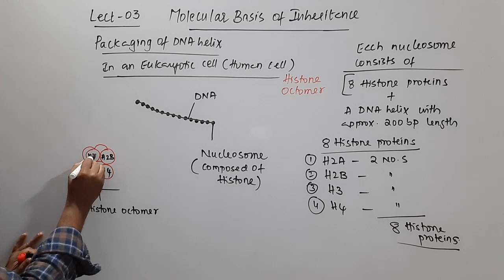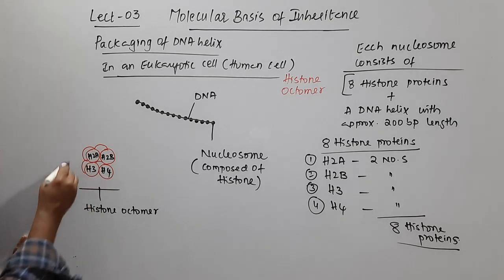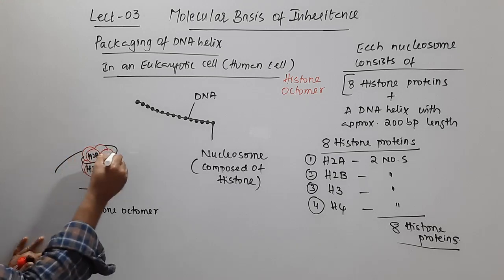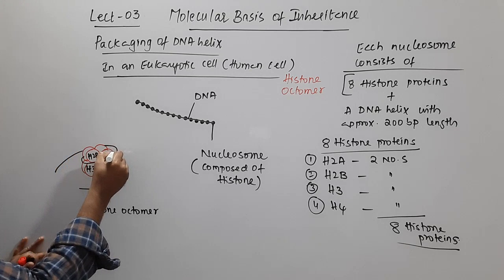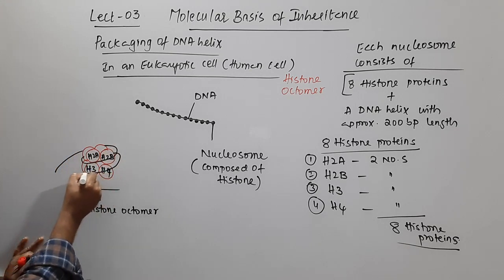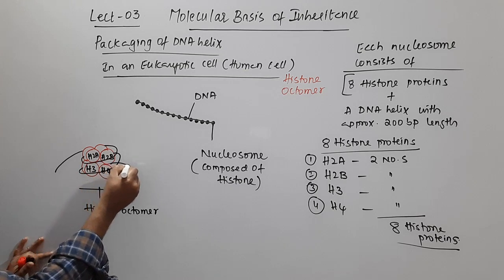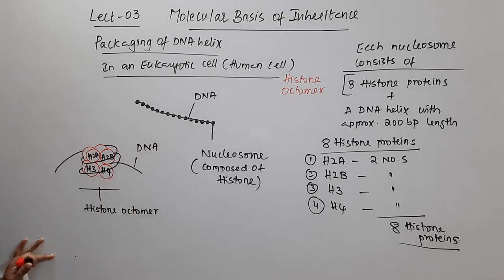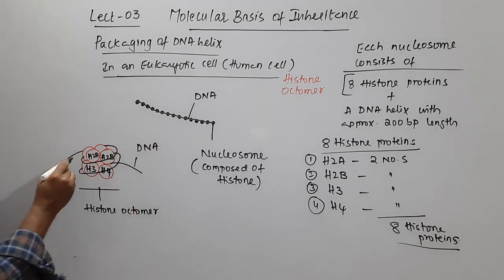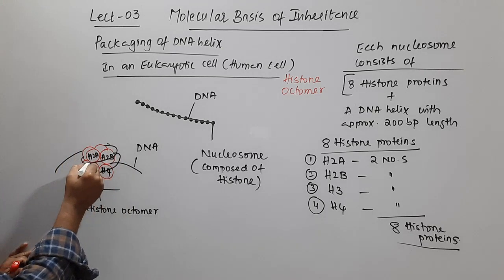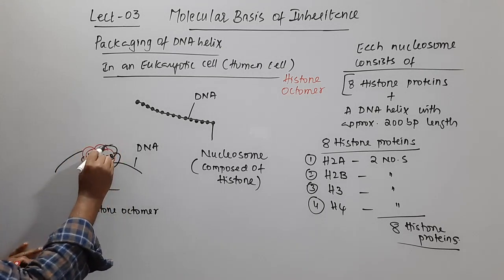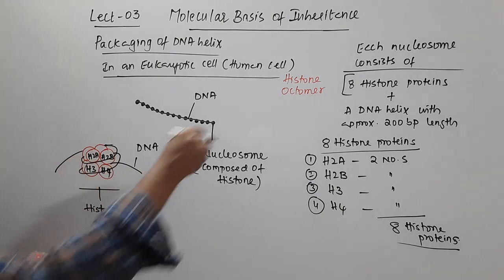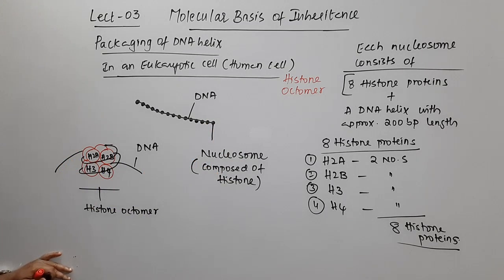Around this, you will see the DNA coiling in this way. So this is the DNA molecule. And the DNA helix seen coiled around the histone octamer will have 200 base pairs.